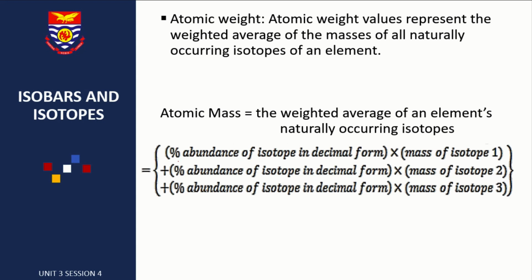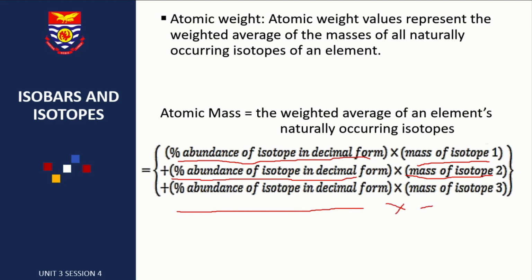So you always have the percentage of the abundance of the isotope in decimal form times the mass of isotope 1, followed by the second one times its mass, that's isotope 2, followed by isotope 3. Should you have 4 isotopes, there will be a last one, multiplying with the mass of isotope 4. And should it be only 2, you just take only these 2. I hope you do understand.